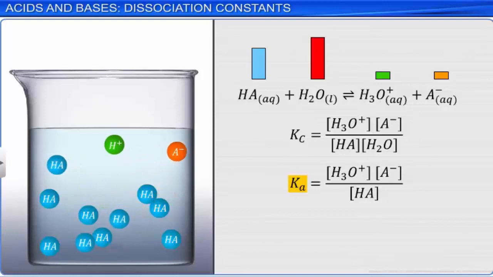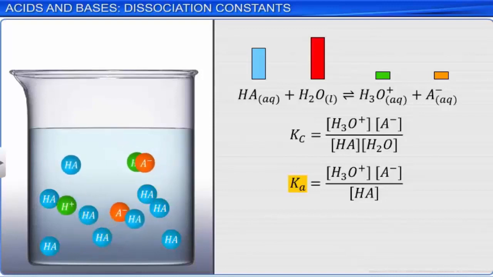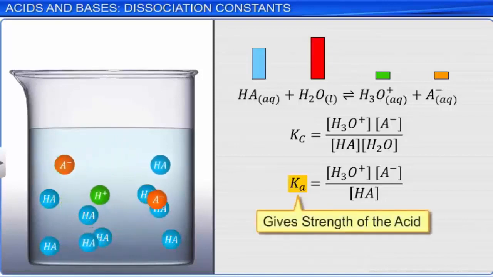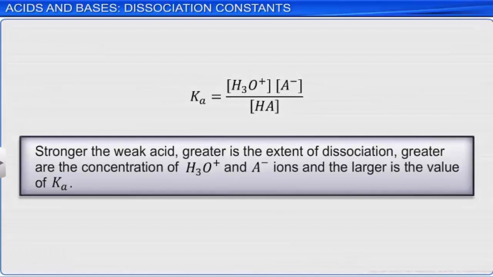In other words, the strength of the acid. The stronger the weak acid, the greater is the extent of dissociation. The greater are the concentration of H3O plus and A minus ions, and the larger is the value of Ka.